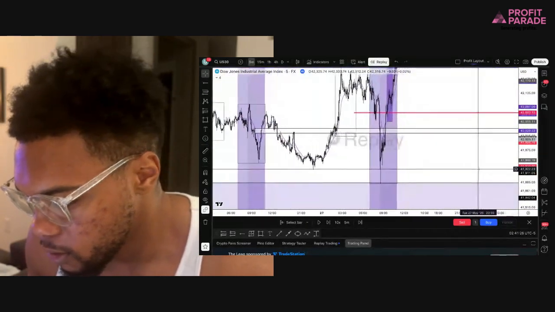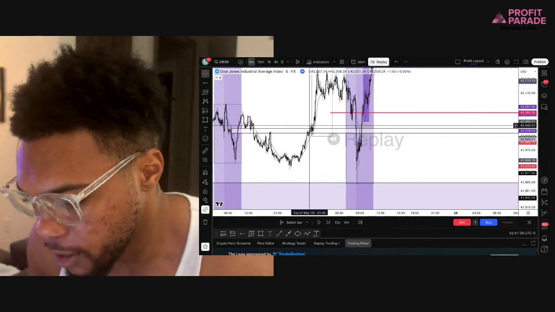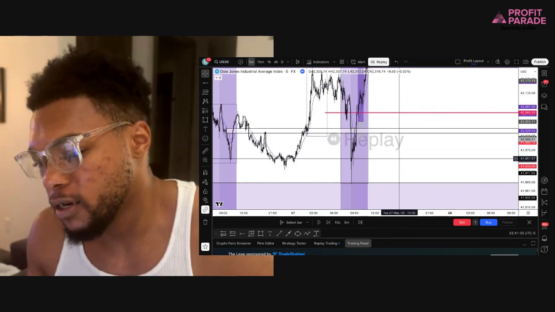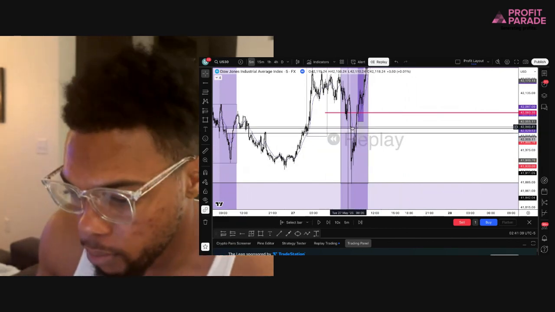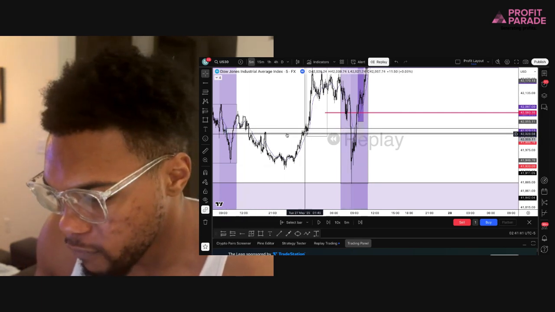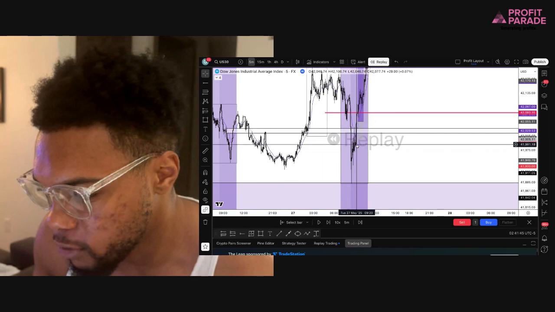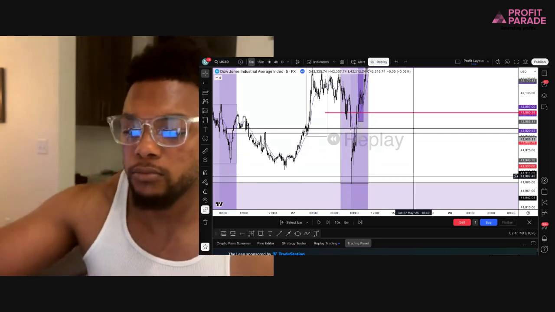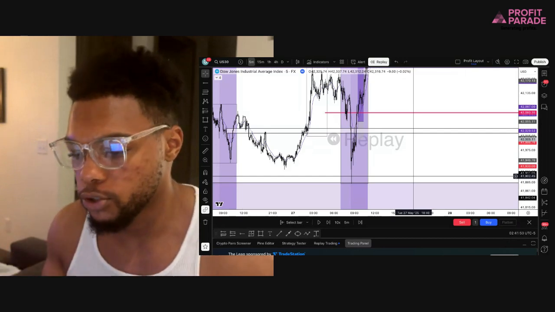When you see multiple taps of a support and a resistance in one area, that usually means that there's an area of high liquidity there, meaning that when it gets to that area, it's going to move a lot. Because in order to break through this area, there's a whole lot of orders sitting right here. So in order for us to break through that area, there's going to need to be a huge push of volume, and you can use that to your advantage. That's a little gem for you guys to add into your trading.